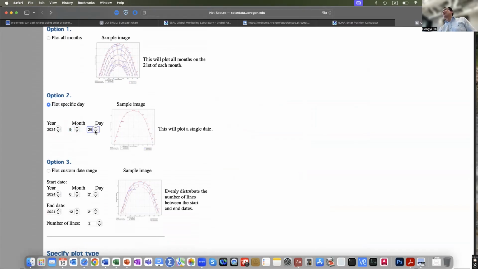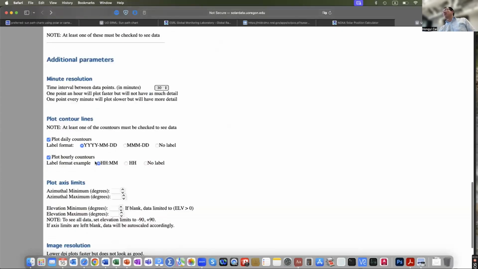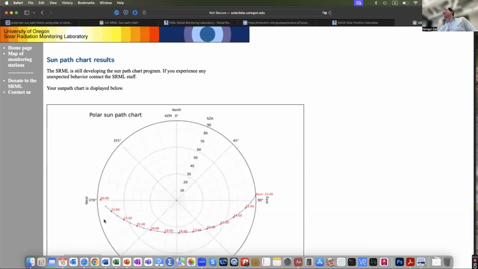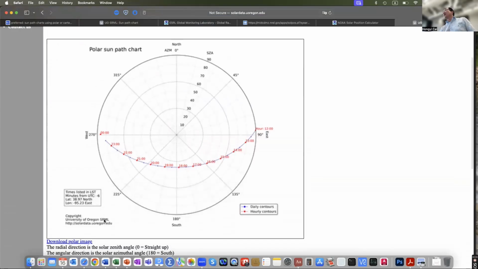Still want to be okay. Everything else should be the same. Yeah, still something wrong. Did you see that? Because this is not supposed to be 6 o'clock in the afternoon. This is supposed to be 12. Okay, something wrong with it.